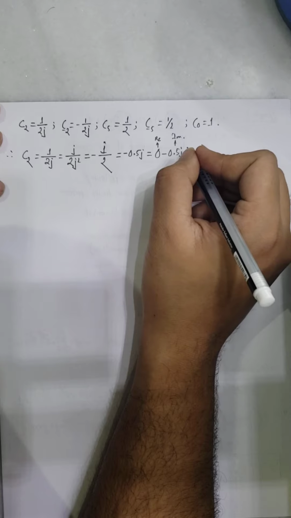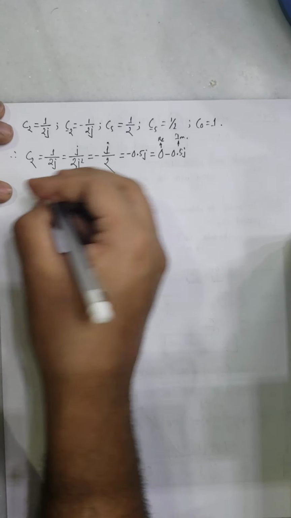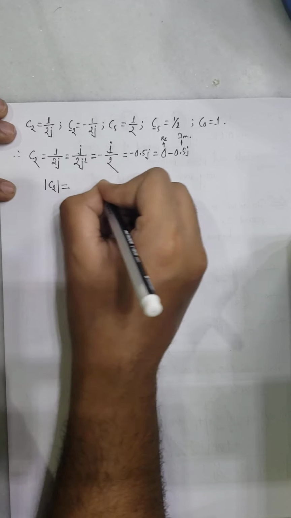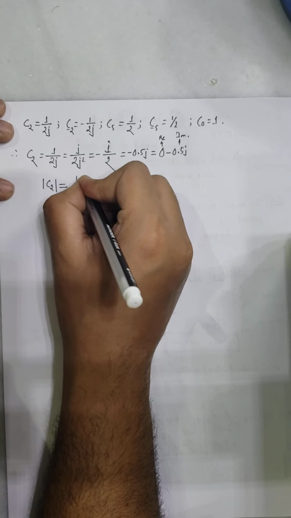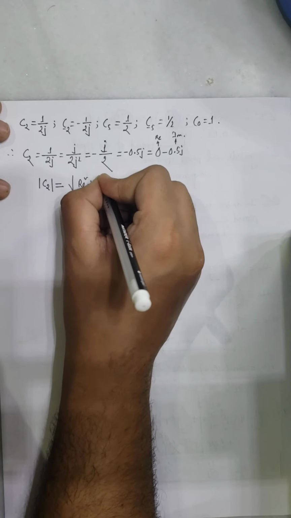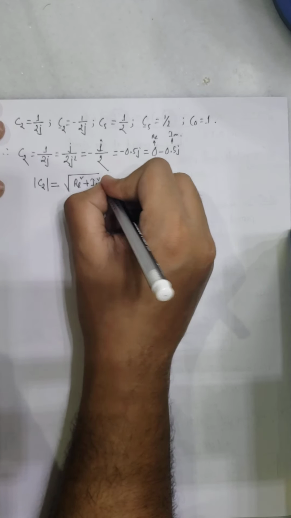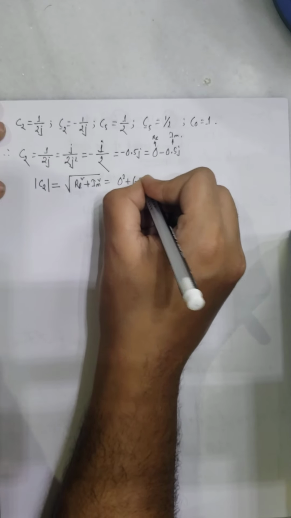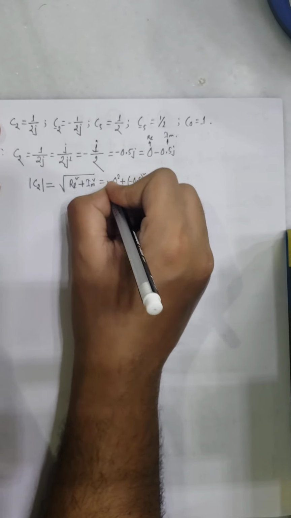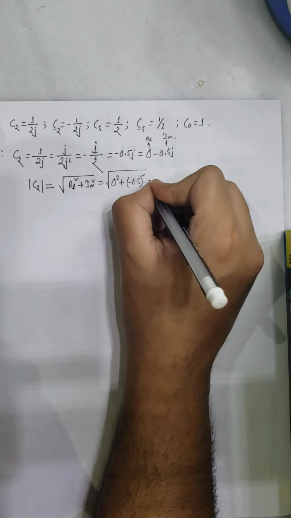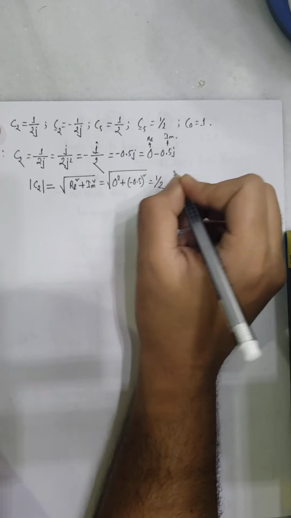So in order to determine the magnitude spectrum, we must first determine the magnitude of c of 2, which is equal to the root of the real part squared plus the imaginary part squared. The real part is 0 and the imaginary part is negative 0.5, so the magnitude is 1 by 2.